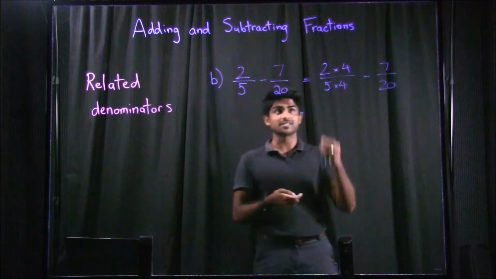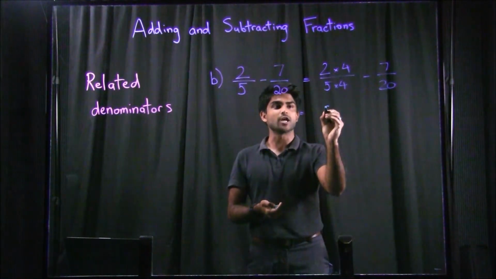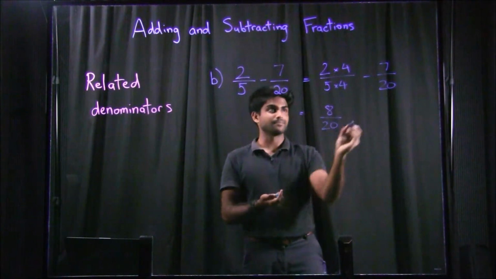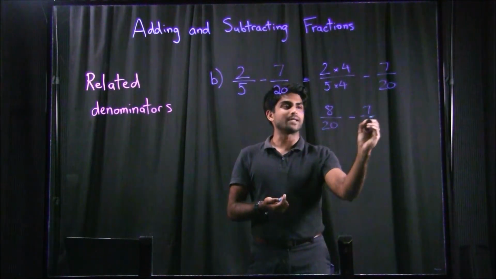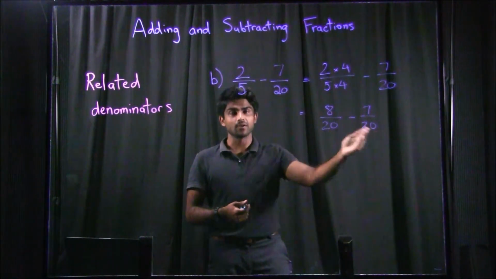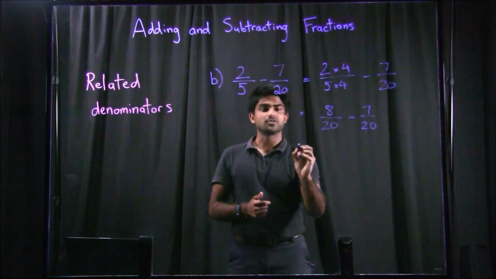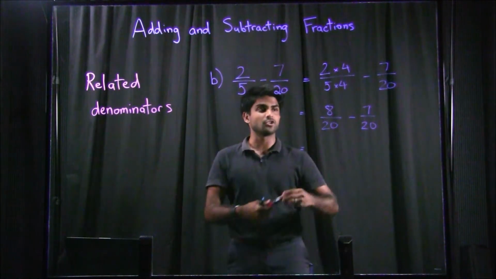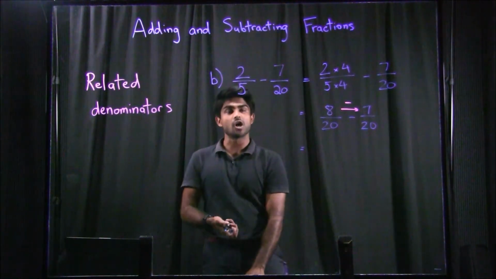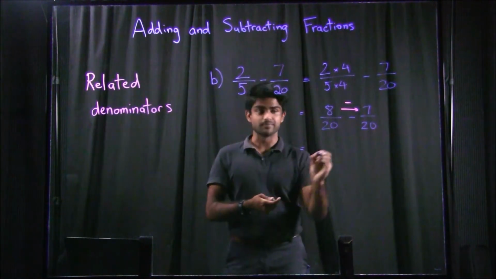Our next step is just to simplify the top and bottom. So 2 times 4 would become 8, 5 times 4 would become 20. The 7 over 20 stays the same, and now you can see that we have the same denominator. We have 20 on both sides, so then we can just subtract the numerators across, just like we did with addition, but this time it's a subtraction.